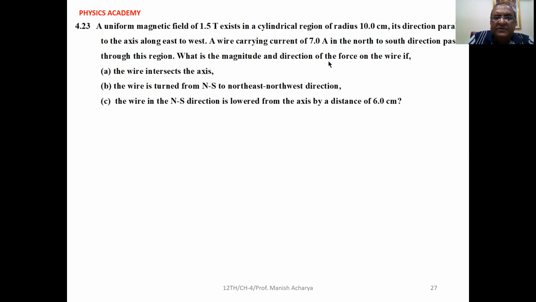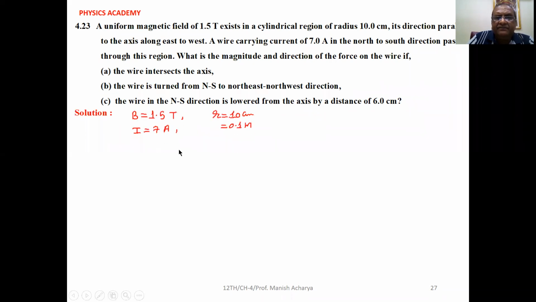What is the magnitude and direction of the force on the wire if A, the wire intersects the axis, B, the wire is turned from north-south to northeast-southwest direction, C, the wire in the north-south direction is lowered from the axis by a distance of 6 centimeter.